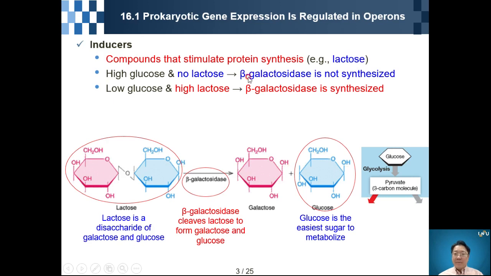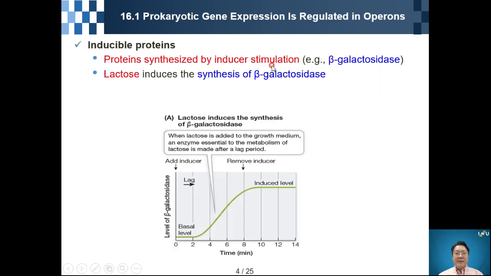So beta-galactosidase is an inducible protein. Here, the x-axis is time and the y-axis is the level of beta-galactosidase.